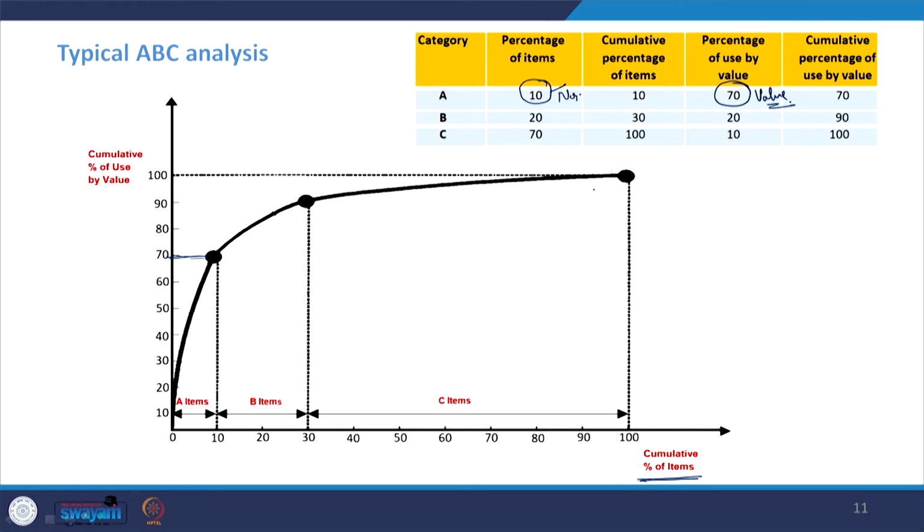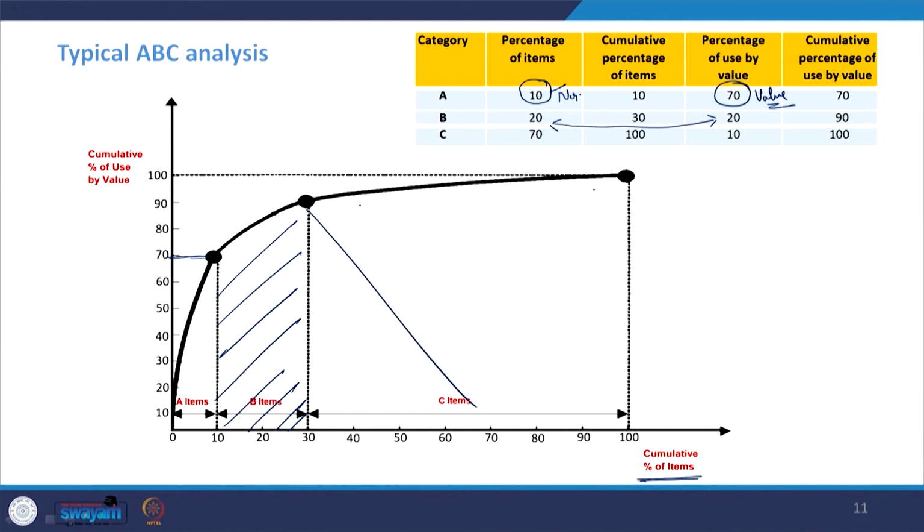B items are these type of items, they are in proportion. You see they are 20% items and they take around 20% value. So, 20% items, 20% value. We discussed that they take numbers and value in proportion.